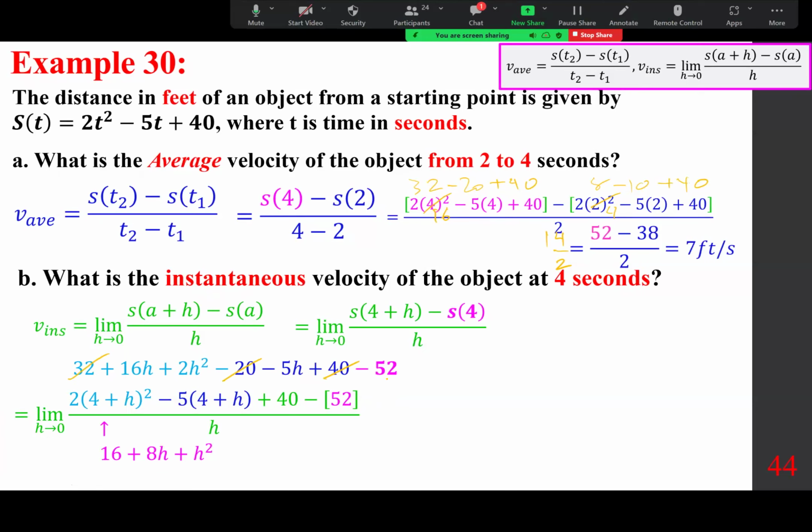The 32 and negative 20 and 40 and minus 52 add up to 0. They cancel each other.